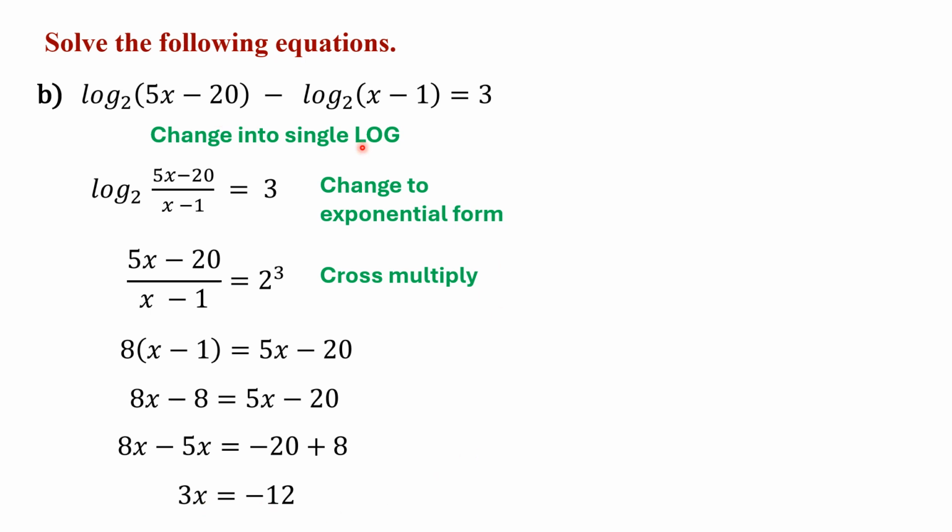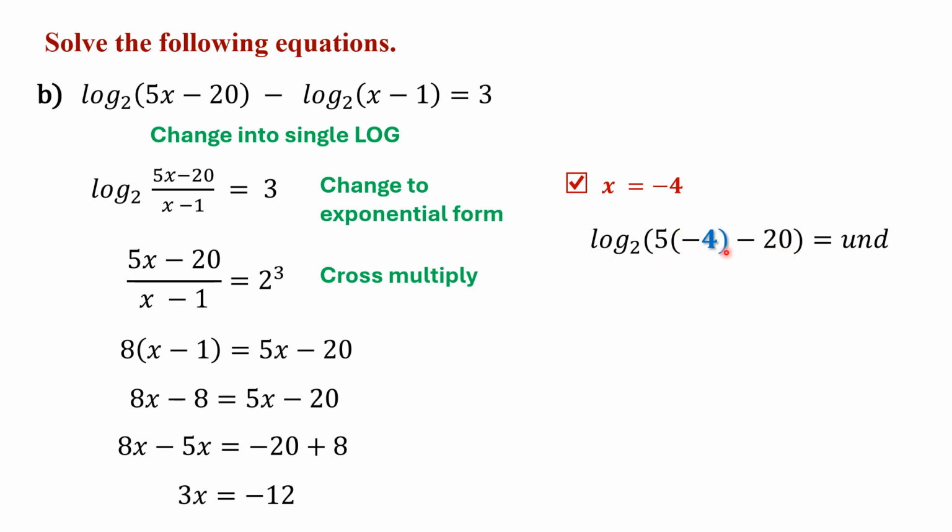Now, since this is a logarithmic equation, we have to check. Checking is required here. So let us substitute negative 4 in x of the given. So we will get log base 2 of 5 times negative 4 minus 20. I just substituted on the first term, and you will notice here that this expression is already negative 40.